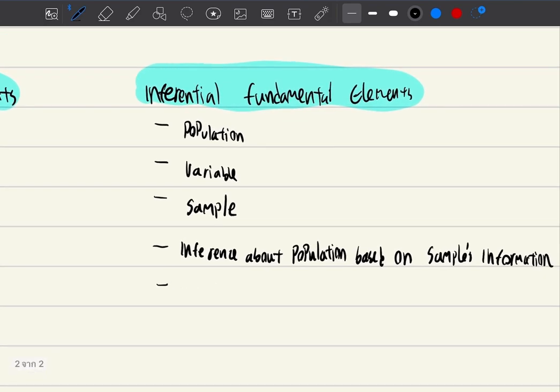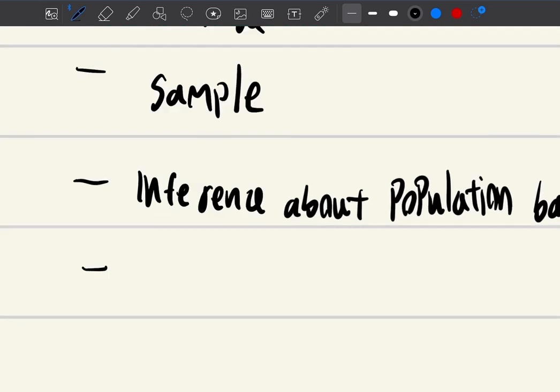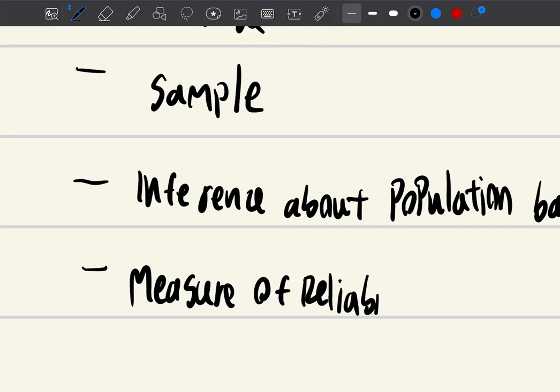The last one is a measure of reliability, which is a margin of error. You cannot confirm 100% that the sample describes the population because it's not 100% sure. It's only an estimation, so let me write it down first: measure of reliability.